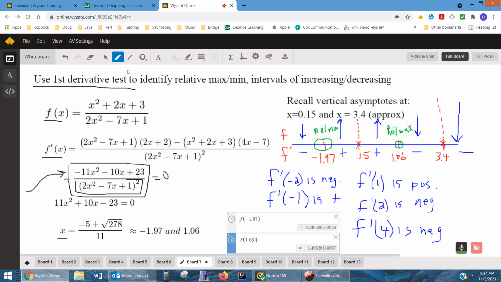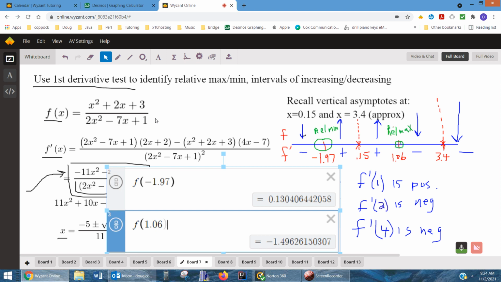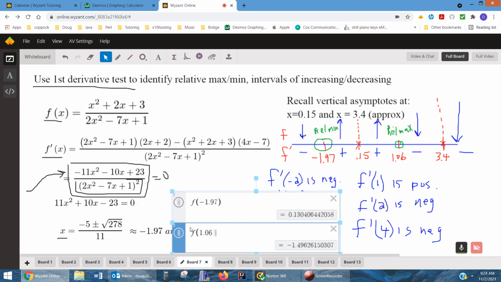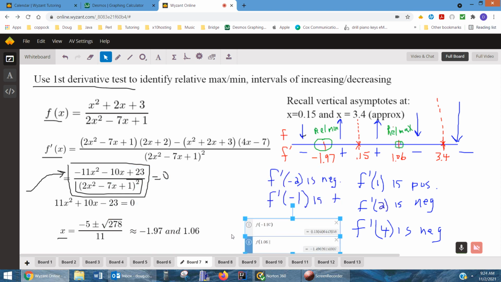Oh, and by the way, I also determined the function values at those critical numbers. That's what we have to put on the graph. So there they are. But the point is, we've got a relative minimum right here at -1.97, 0.1304.